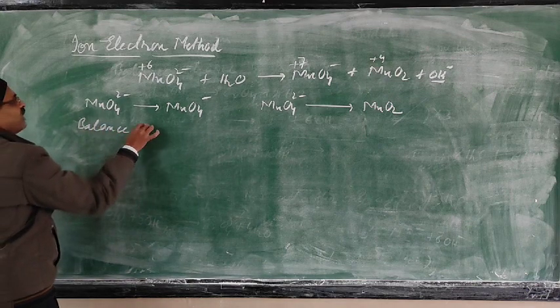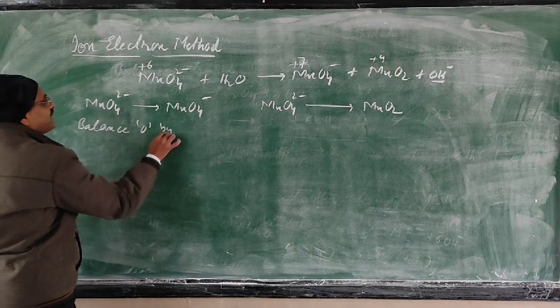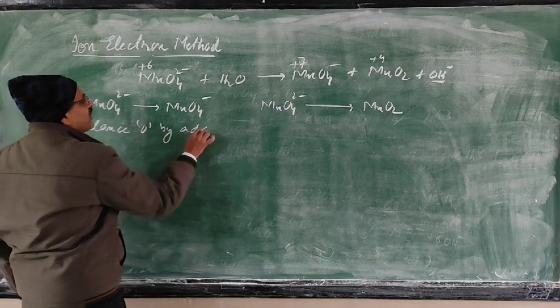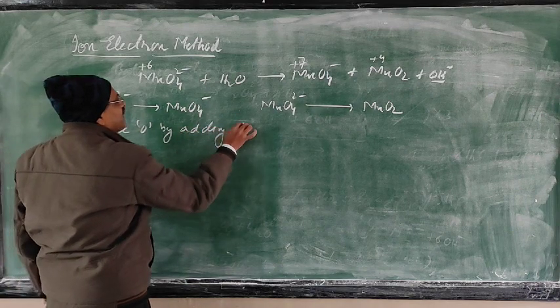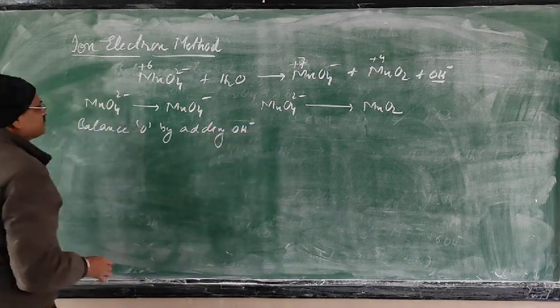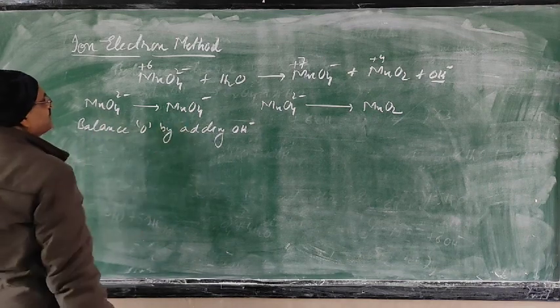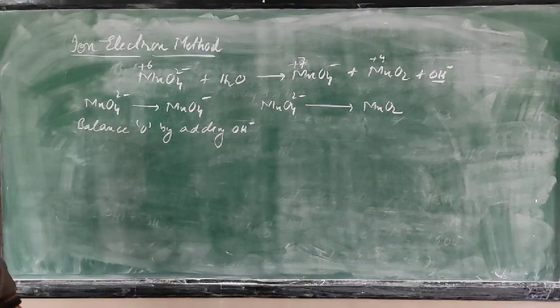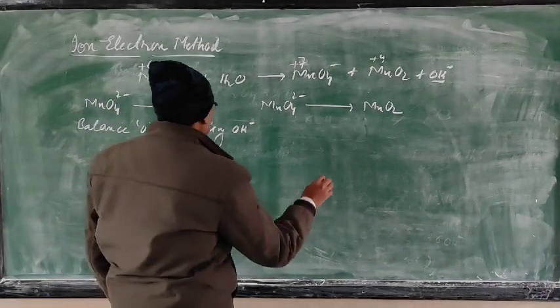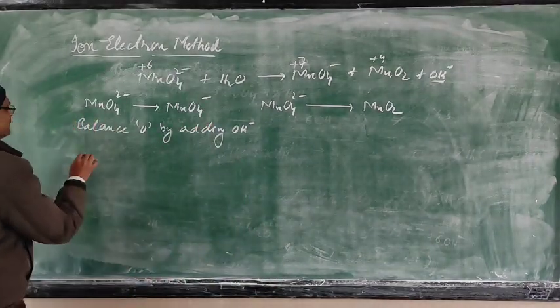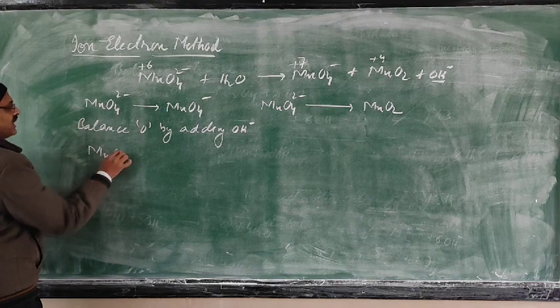Then, since basic medium is given, balance oxygen by adding hydroxyl. So just to see here, 4 oxygen already balanced. Here 4, that side 2 only. So this we can write here.